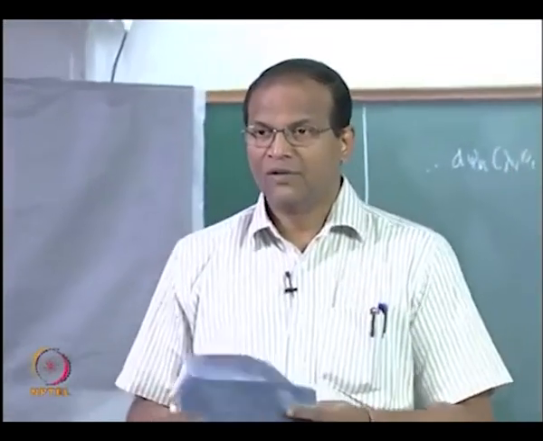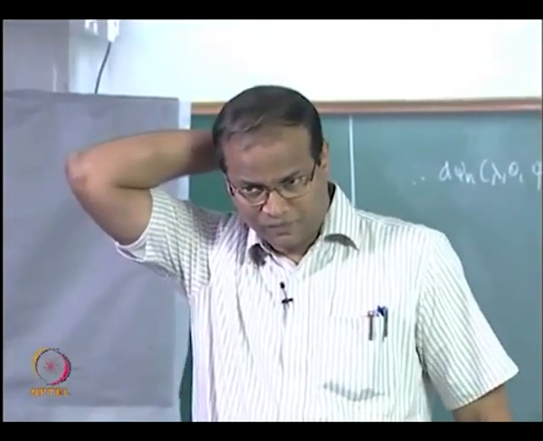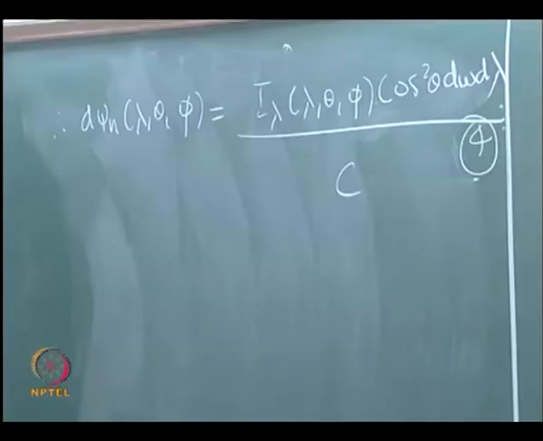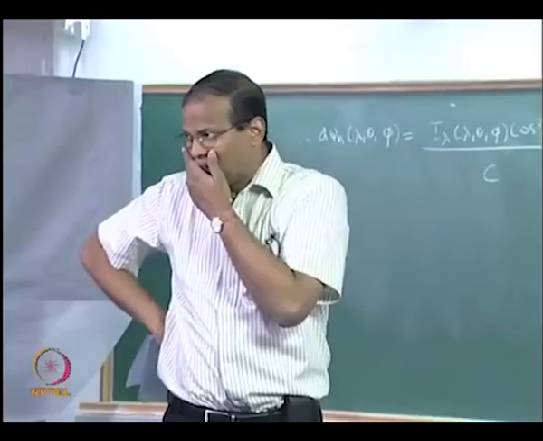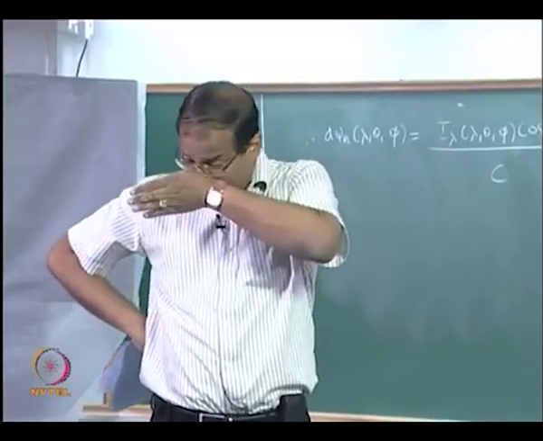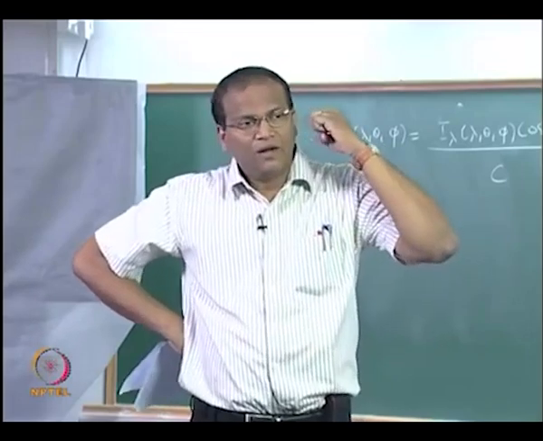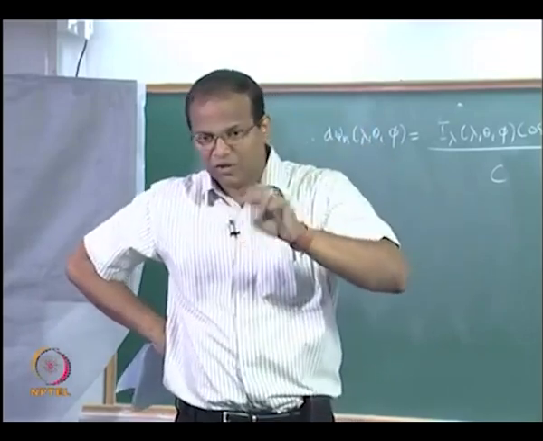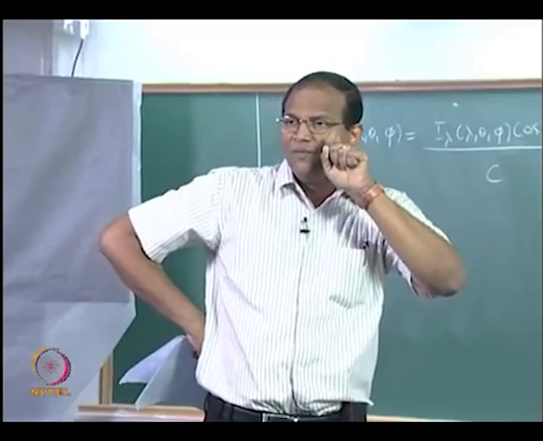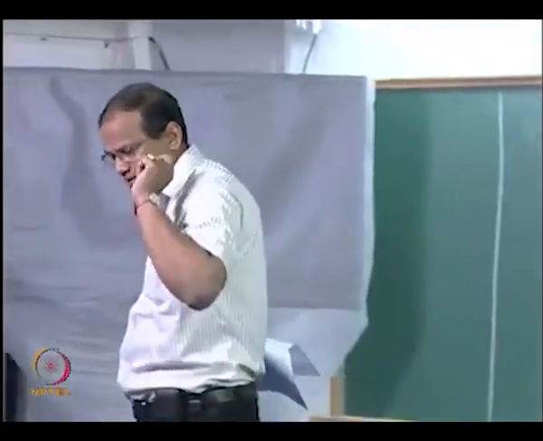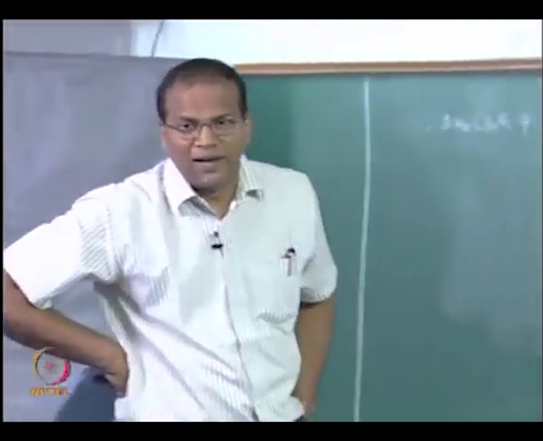Now I am going to tell you something which is controversial, but you will have to accept. If dA is perfectly reflecting, it is just like a nozzle from which high velocity water is impacting a Pelton wheel turbine blade.